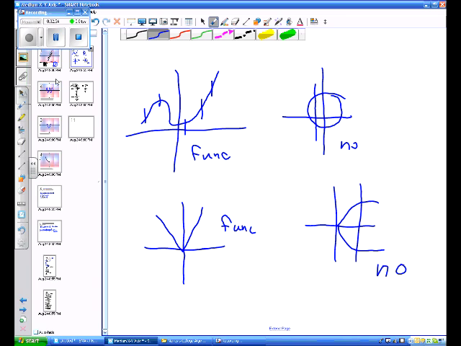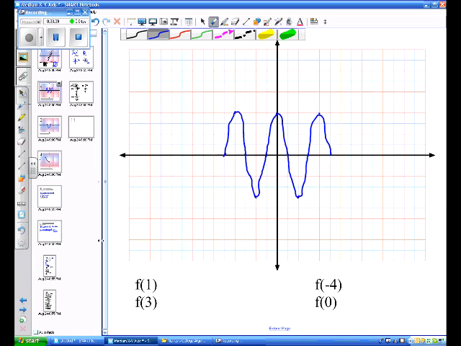You also need to be able to read some specific points from a graph. So let's take this graph that I've got drawn and look at it. We're going to find some specific points. We want to find the point f of 1.